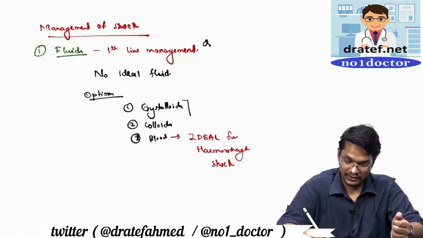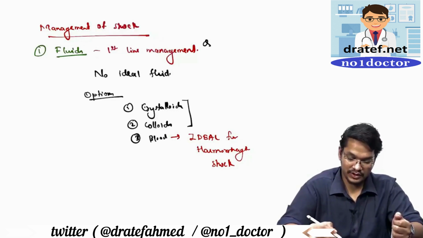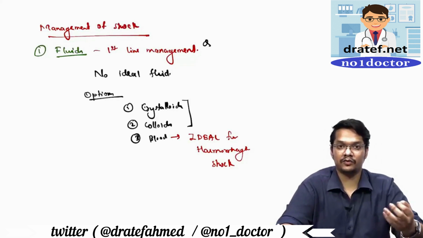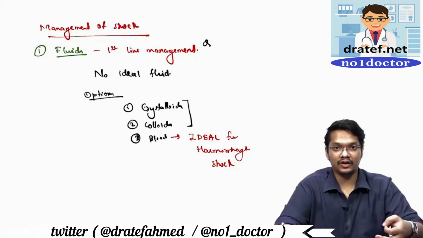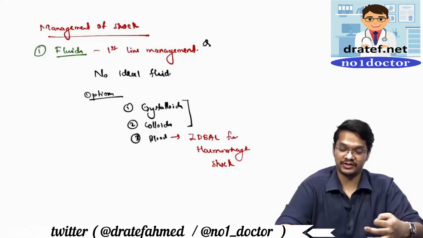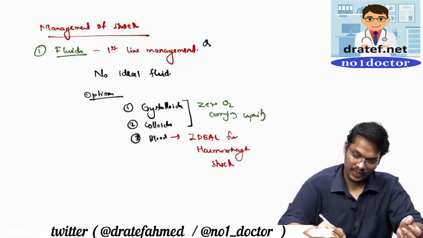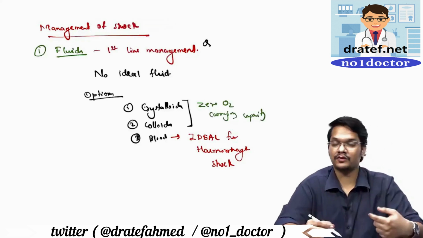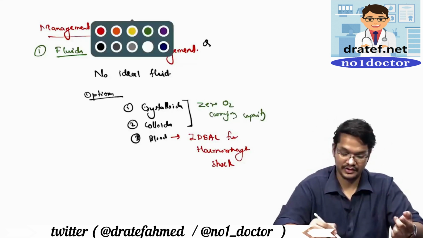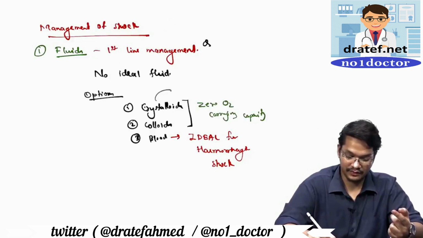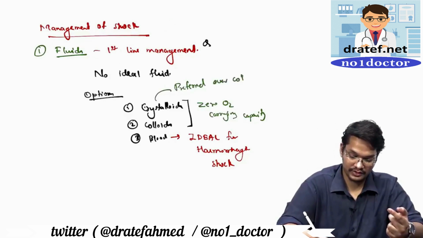Now, out of crystalloids and colloids, there's one thing you need to know, that these will only increase the blood volume. They will not improve the oxygen carrying capacity of the blood because they have zero O2 carrying capacity. And what will you prefer out of crystalloids and colloids? Crystalloids. So crystalloids are preferred over colloids.